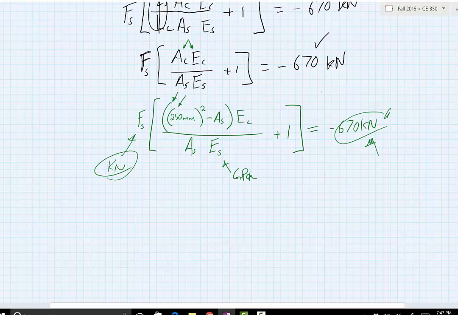So the only units you would have left are millimeters squared, which is exactly the units for an area. And if you do this correctly, which I'm not going to do because it's algebra and this isn't an algebra class, your area should be, I already have it written down, 2,186.369 millimeters squared.